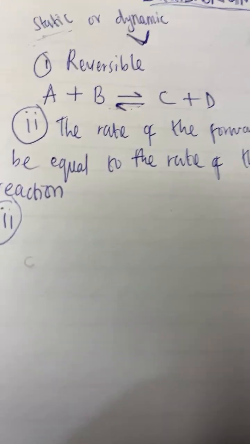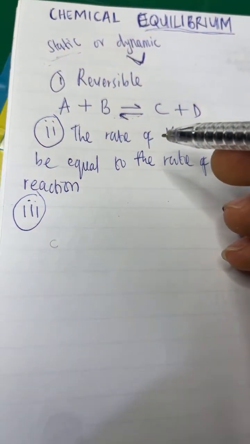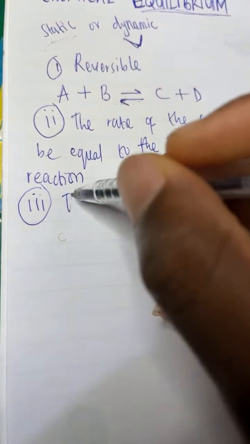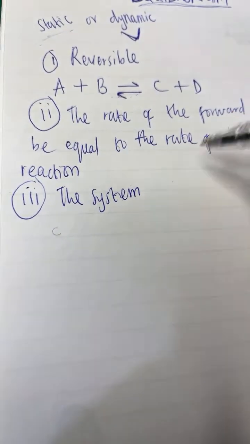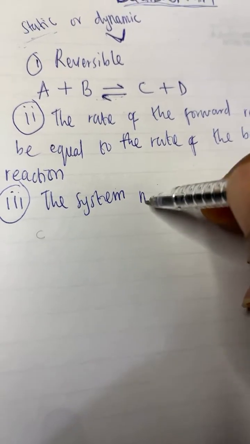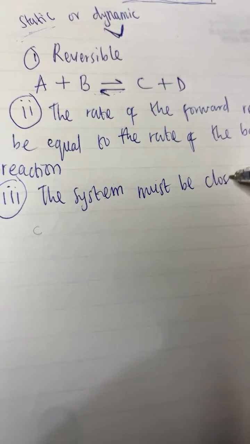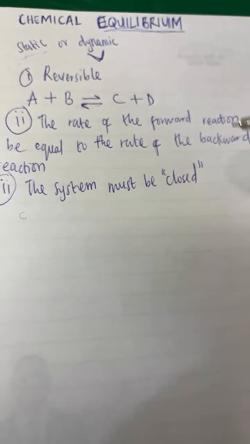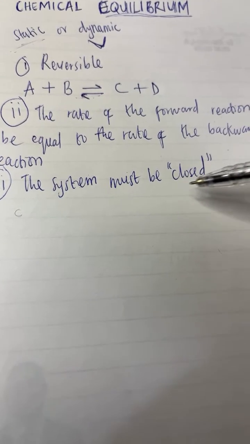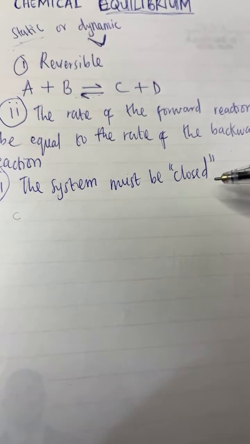Another factor that you need to know is that the system must be closed. The system must be closed. If I say the system must be closed, you see this word? I'm putting it in quotes: closed.